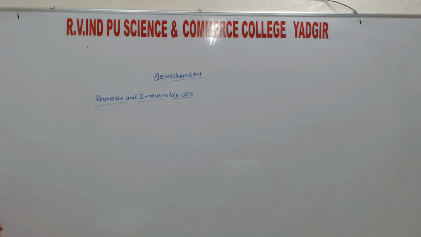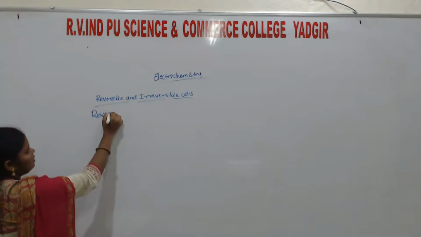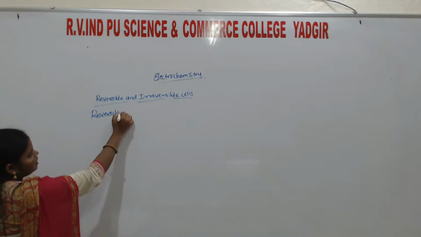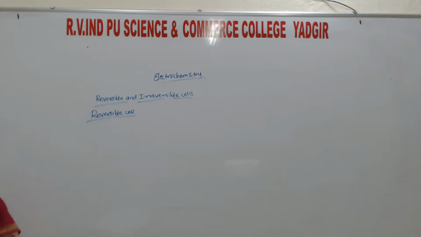First is the reversible cell. Here, for the reversible cell, we consider the Daniel cell.